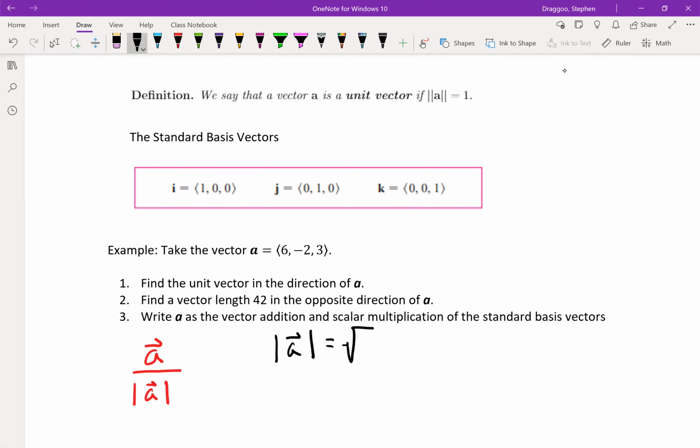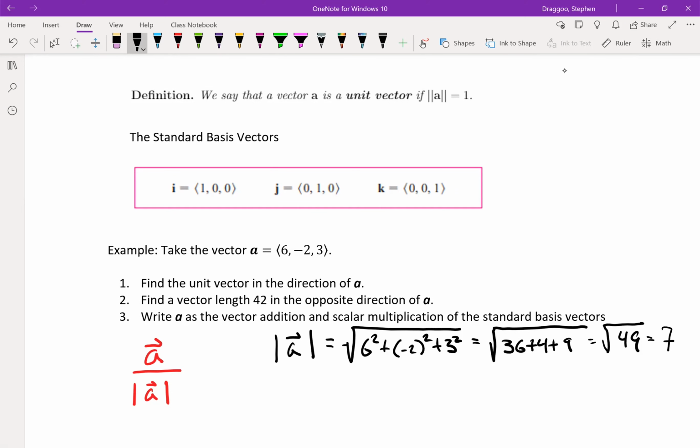So if we take the magnitude of A, we should get the square root of 6 squared plus negative 2 squared plus 3 squared, which is the square root of 36 plus 4 plus 9, which I believe comes out to the square root of 49, meaning that that magnitude is just 7.